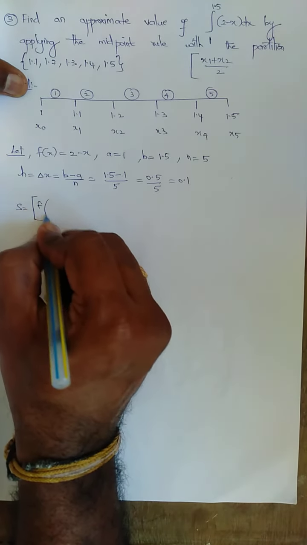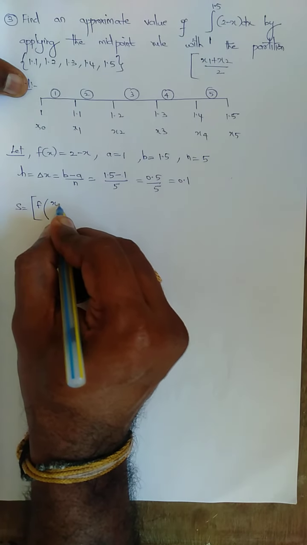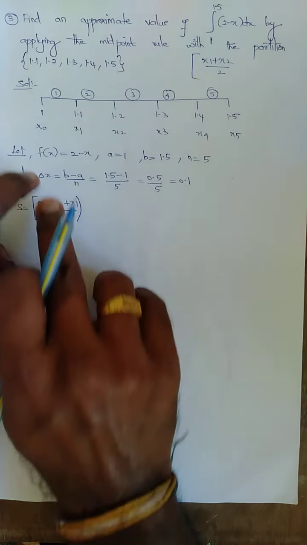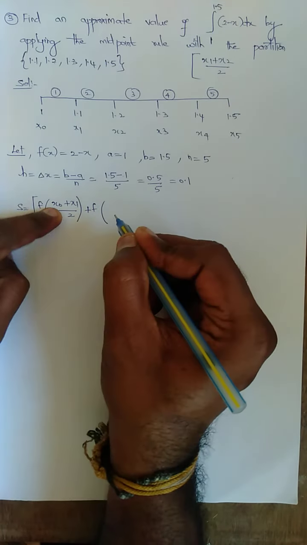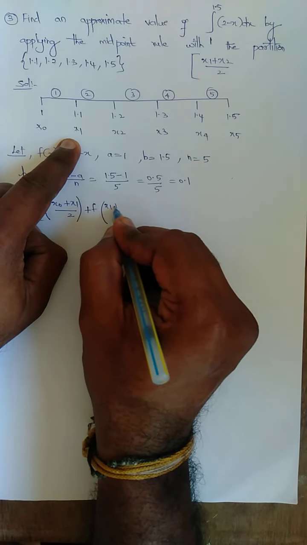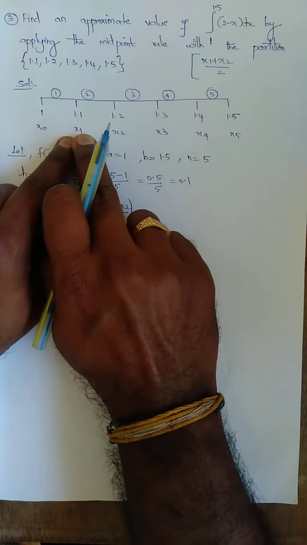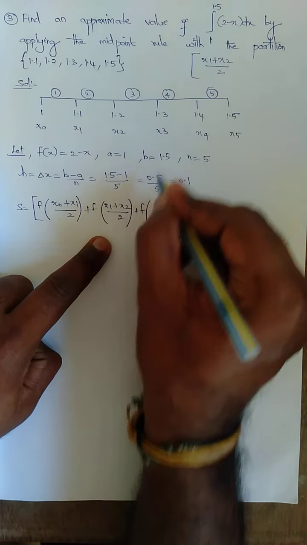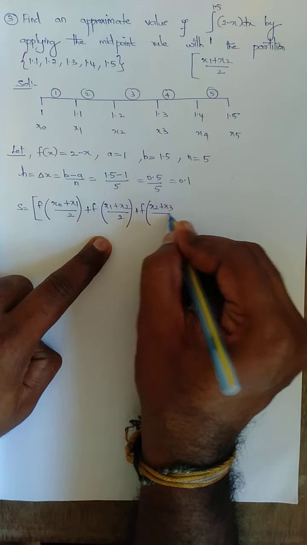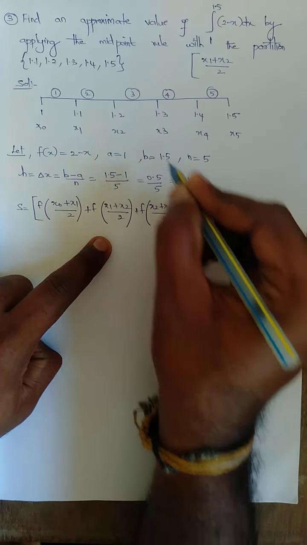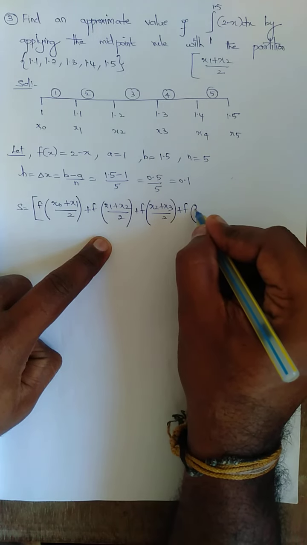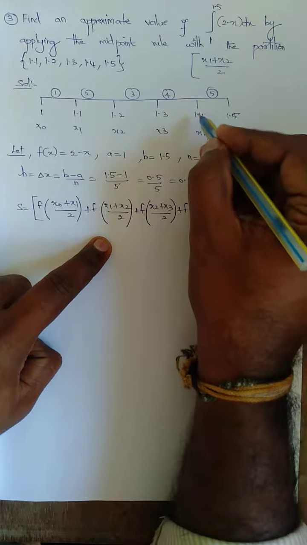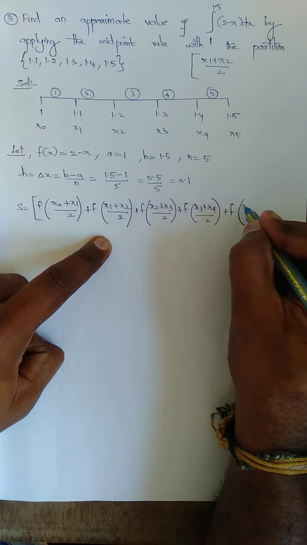It is f of (x0 plus x1) by 2 plus f of (x1 plus x2) by 2, next f of (x2 plus x3) by 2 plus f of (x3 plus x4) by 2 plus f of (x4 plus x5) by 2.